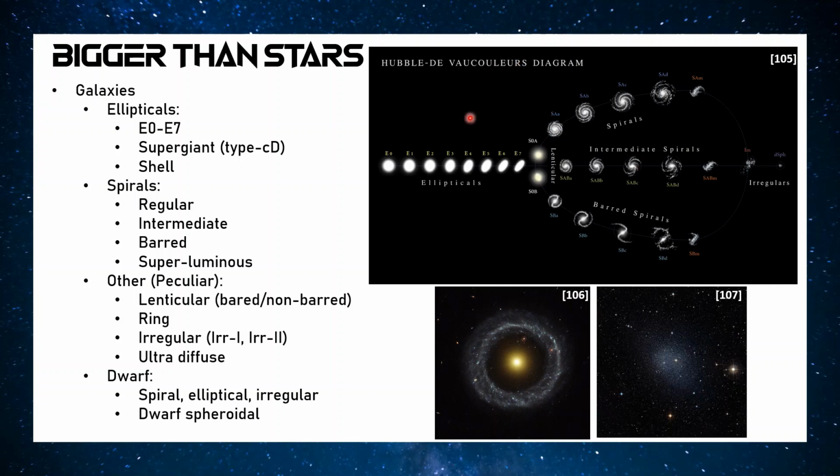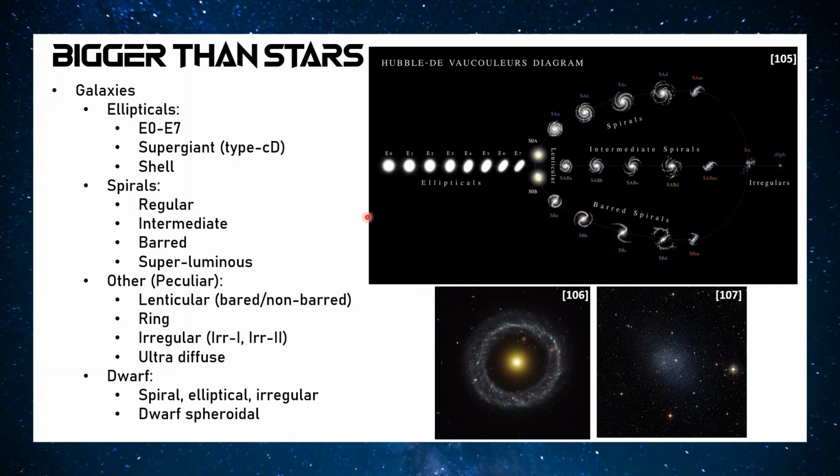The intermediate is type SAB, with the same characteristics as the regular, but just in between that and the barred. And the barred is called type SB, with the same characteristics as you go out, the winding becomes less tightly wound with less well-defined arms. But the barred, of course, is different from a spiral because they have this bar in the middle and spirals don't.